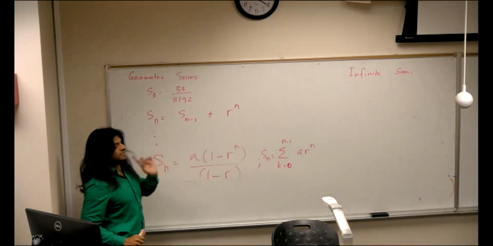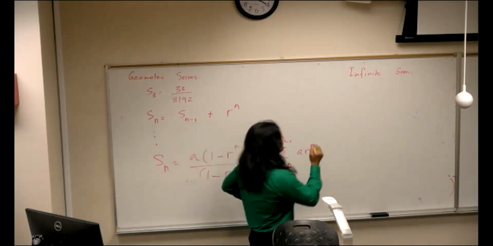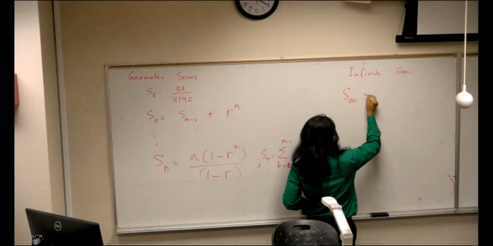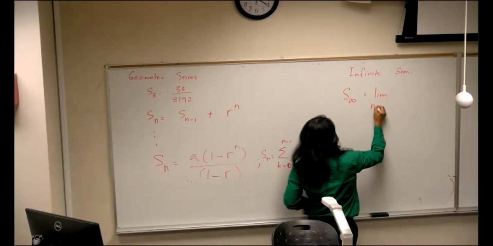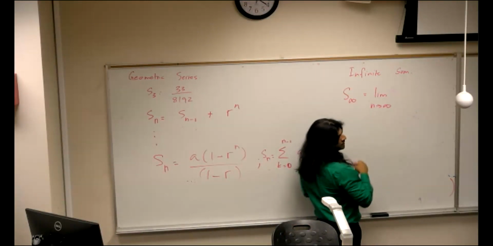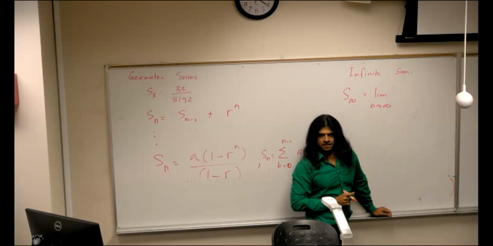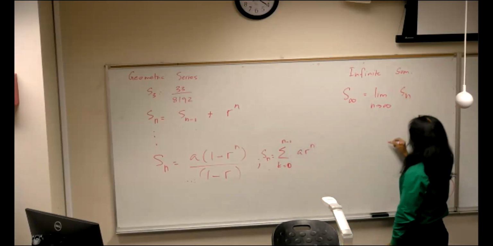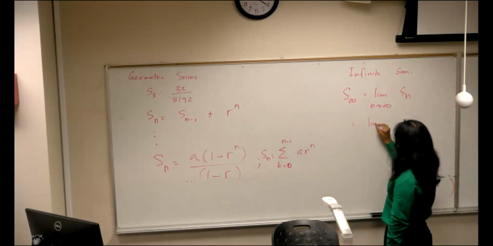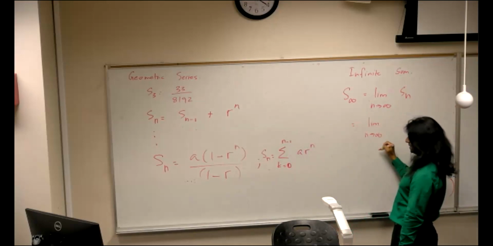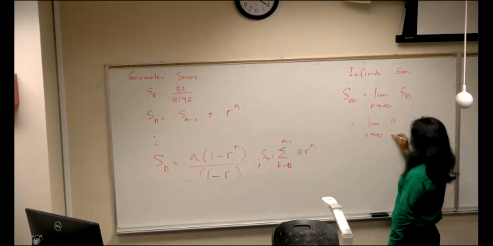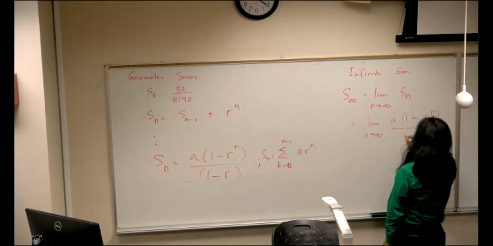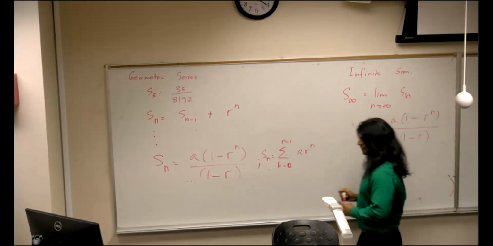Last time that I wrote a series notation, I said if you want to find an infinite sum, assuming the sequence is convergent, we simply do limit n approaches infinity, correct? So Sn, which would be limit n approaches infinity, a times 1 minus r raised n over 1 minus r.